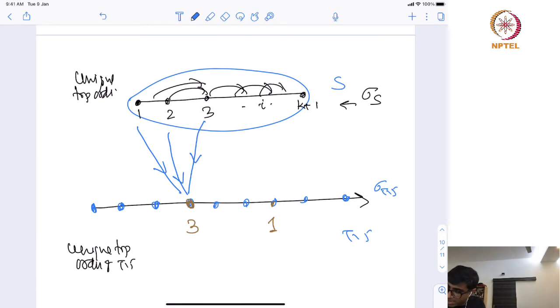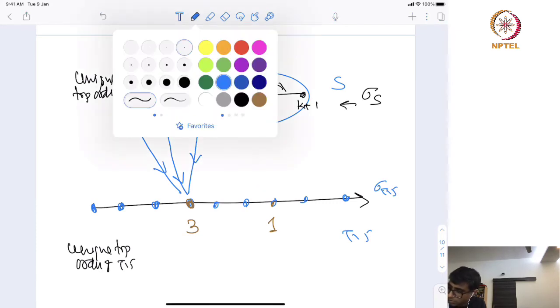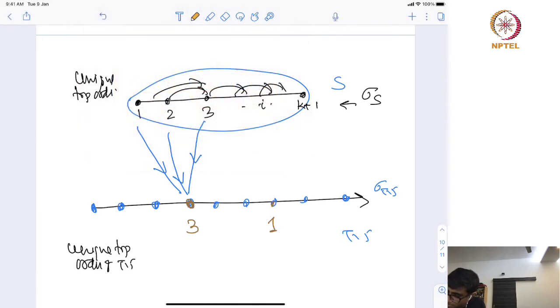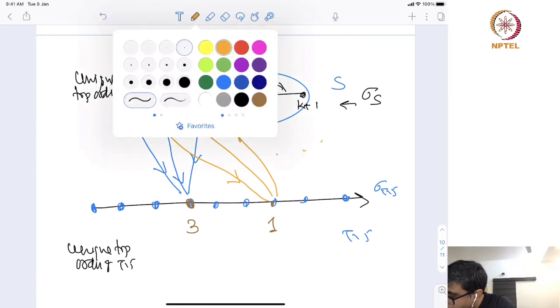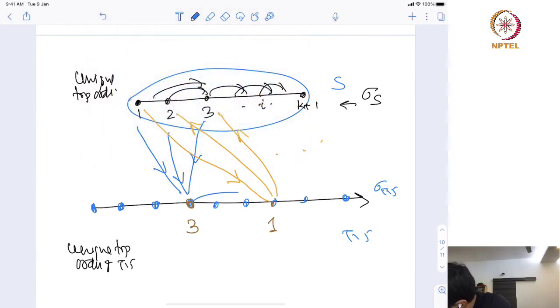It means he has an arc, maybe in orange, and after that he has an arc of this nature. But we also know that we have an arc from 3 to 1. So let's just try to see what happens.